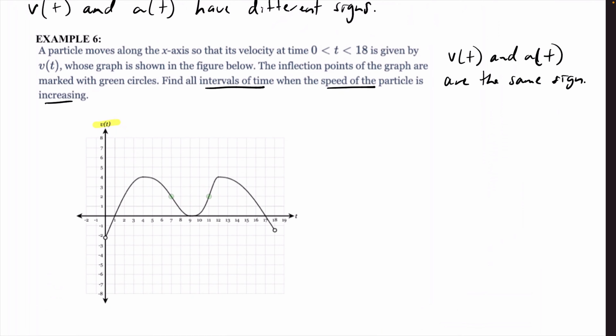Okay. So I'm going to color code this again. I'm going to say green, velocity positive. Light blue, velocity negative.